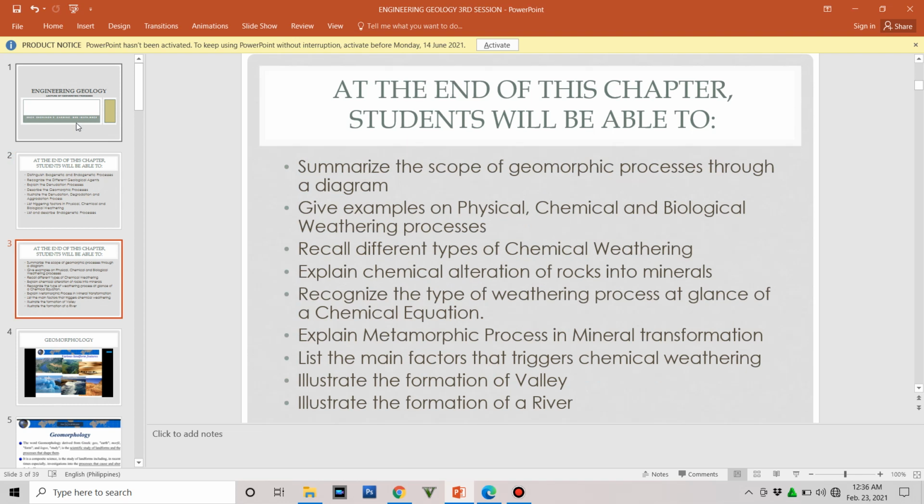Of course, we intend for you to be able to recognize the type of weathering process at a glance of a chemical equation, and then explain metamorphic process in mineral transformation, and then list the main factors that trigger chemical weathering, and finally we are going to illustrate the formation of valley as well as the formation of the river.